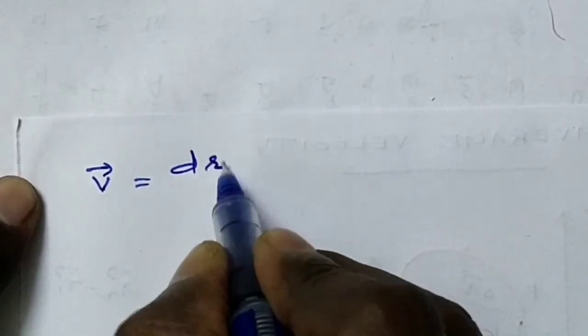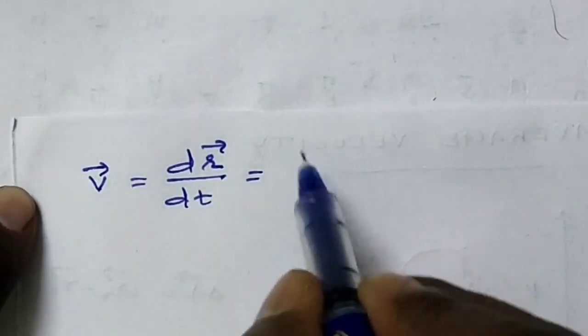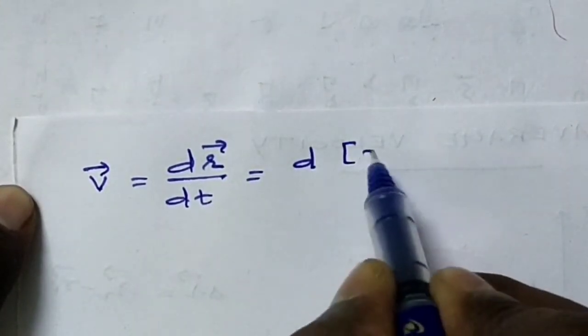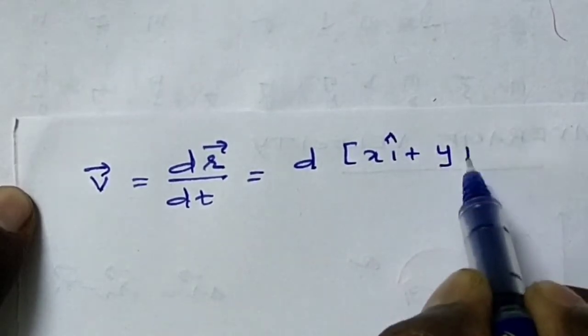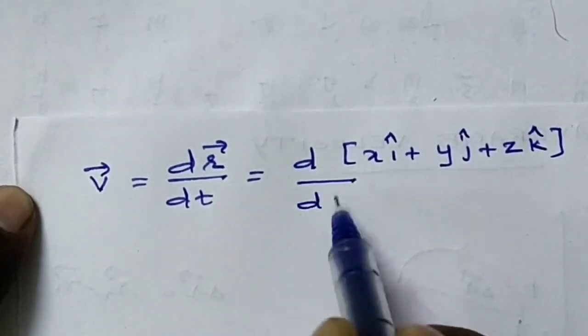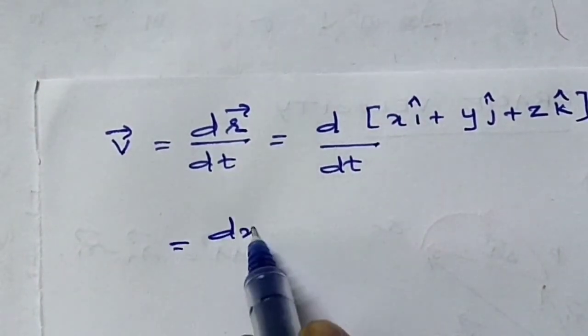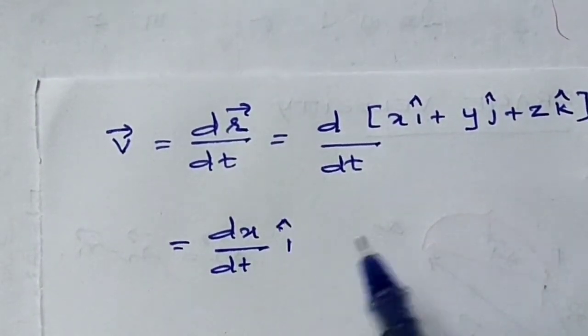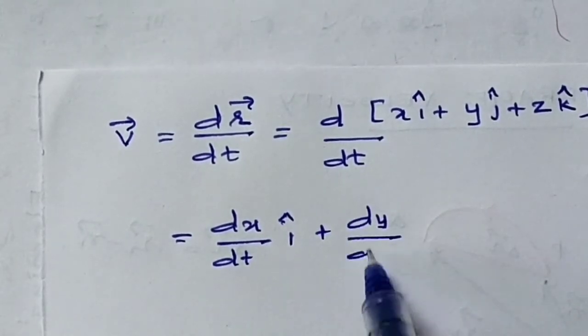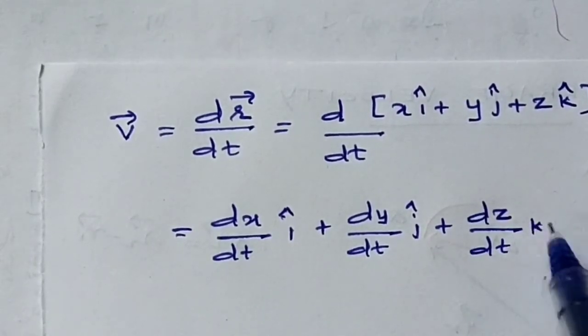Now in component form, v vector equals dr vector by dt, where r is x i cap plus y j cap plus z k cap. Separating each component, we get dx by dt i cap plus dy by dt j cap plus dz by dt k cap.